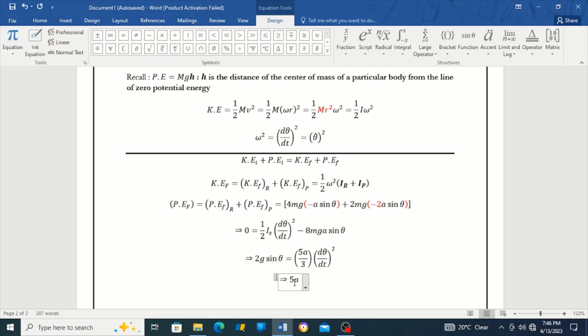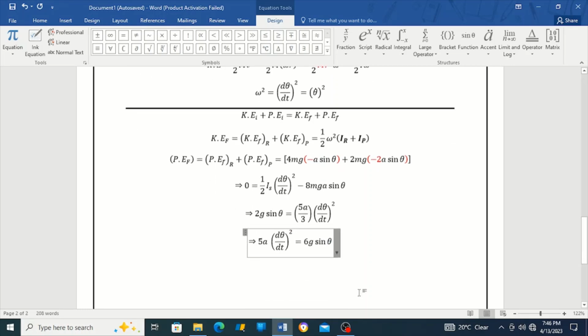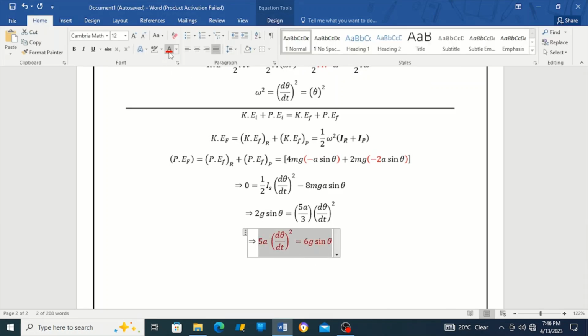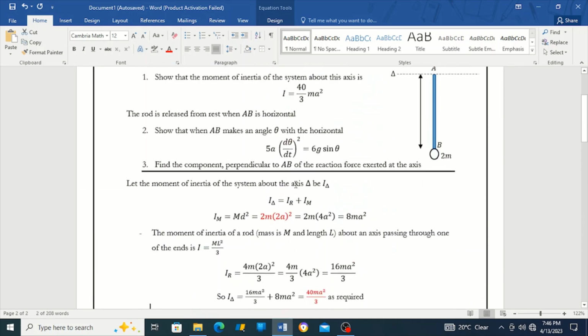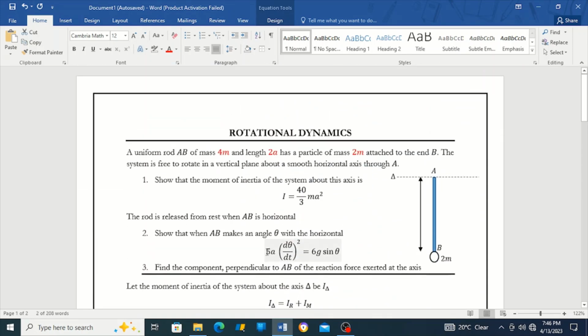We have 5a d theta by dt all squared equal to 6g sine theta. So this is what we have. Let us verify if that was what we were supposed to prove. We are supposed to prove that 5a d theta by dt all squared is equal to 6g sine theta. Okay, so we are done with both proofs.